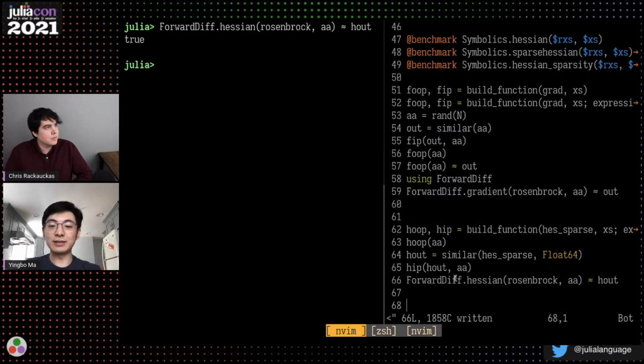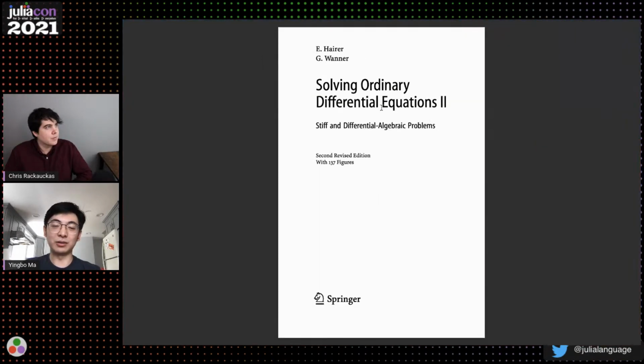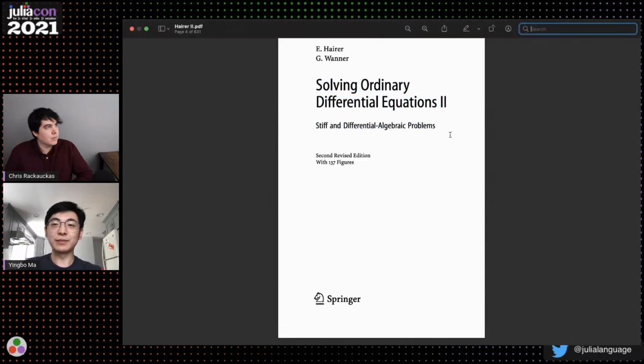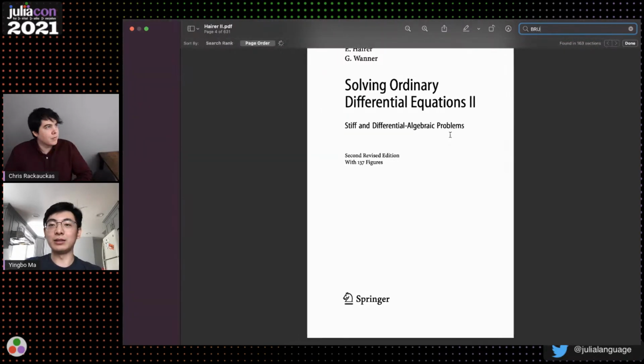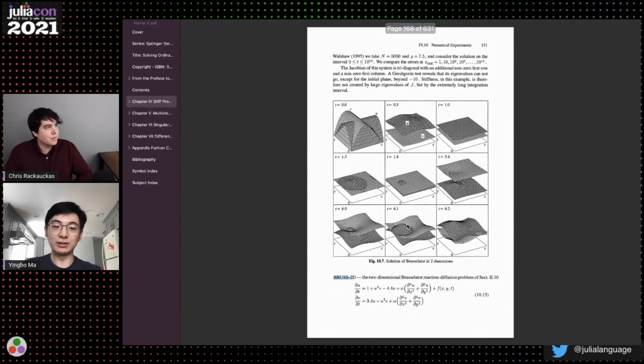To find a nice test example for stiff solvers of PDEs, we can find this example in Hairer 2, the book by Hairer on stiff solvers. And then we can use the example here that is the Brusselator 2D. Yeah, it's this one.